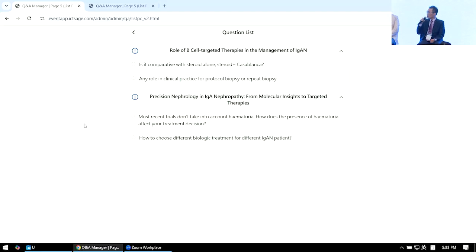So we need to take care of the patient for a very short duration. So I think it's not a major option to combine with the other immunosuppressant therapy with complement inhibitor.